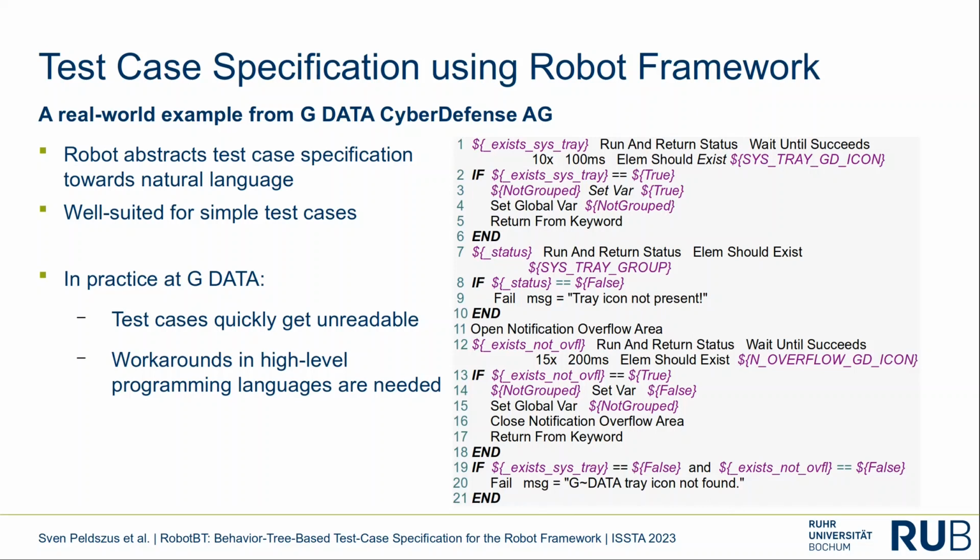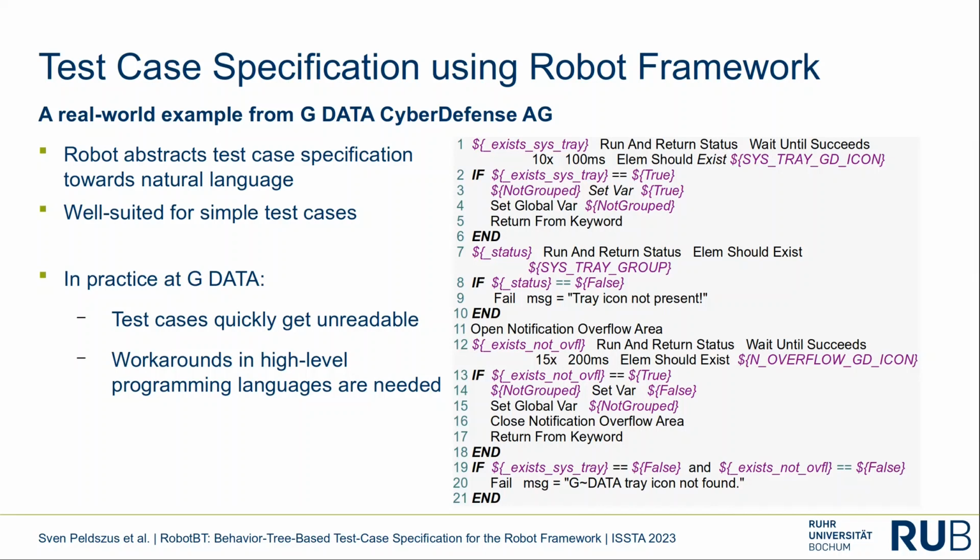On the right-hand side of the slide, you can see an excerpt of a test case from G DATA. In this case, it's the specification of a so-called keyword, which is a reusable functionality that can be called from Robot code. What it does is it searches for the icon of the G DATA Cyber Defense antivirus software on the Windows system tray.